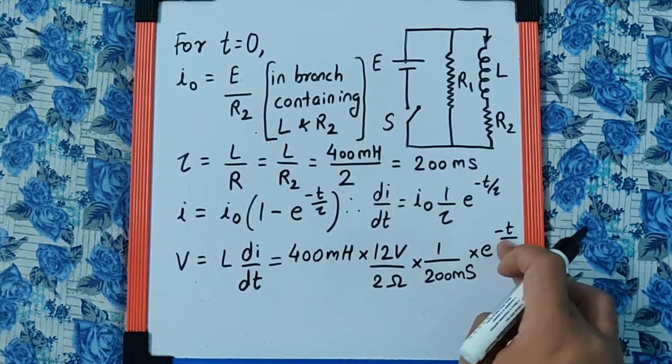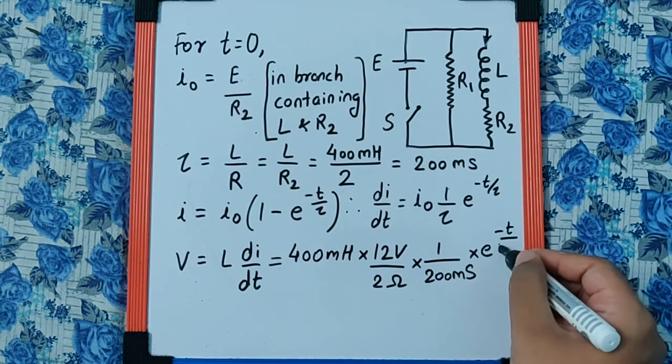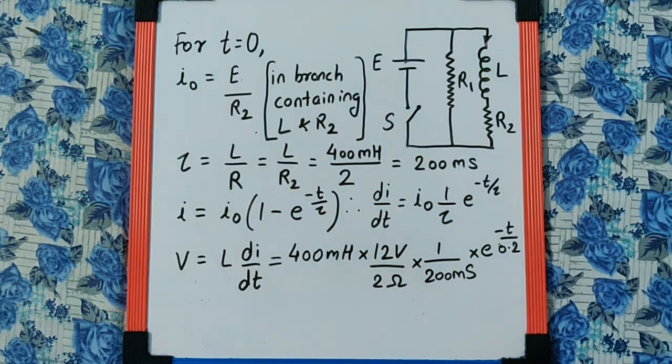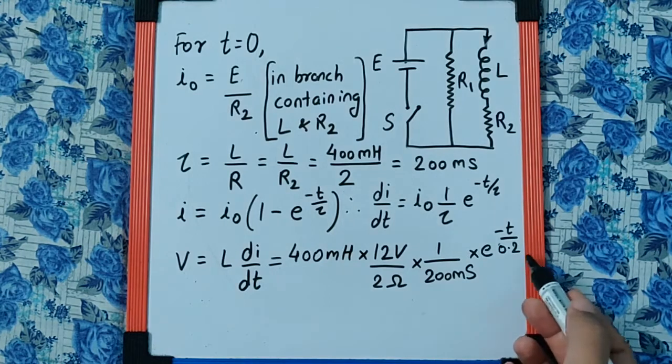So it's basically 0.2, okay, 200 milli is 200 into 10 raised to minus 3, and that's why it is 0.2.